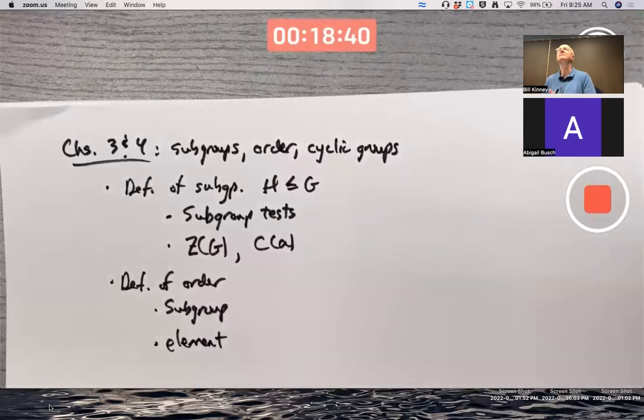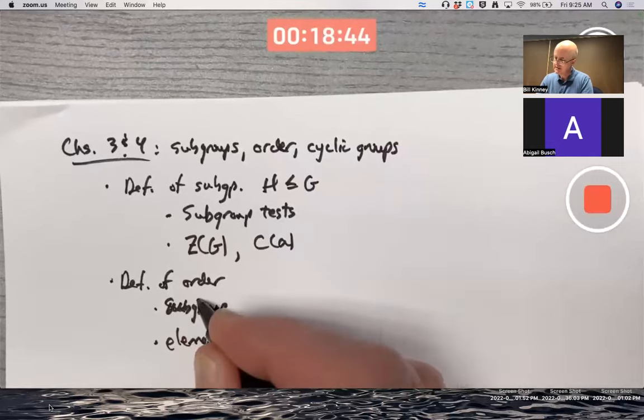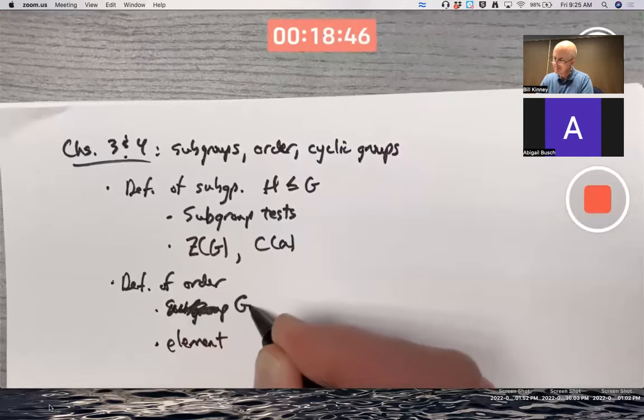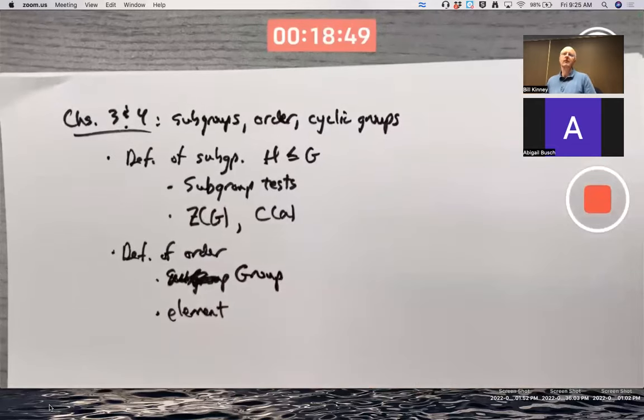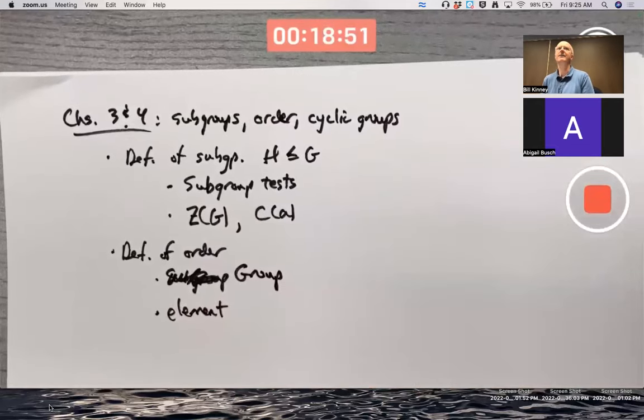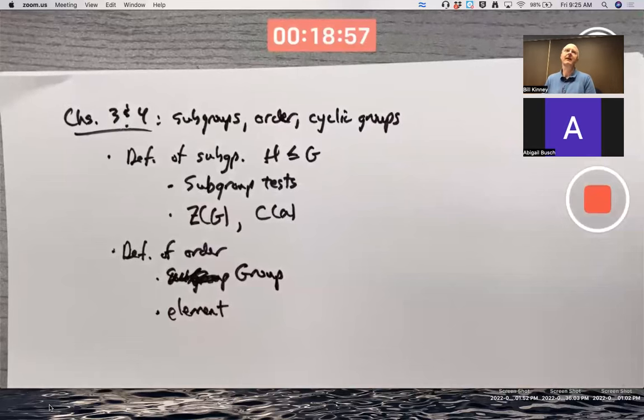What's the order of a group? Well, if the group has a finite number of elements, the number of elements is the order. If it has an infinite number of elements, then you just say the order is infinite.